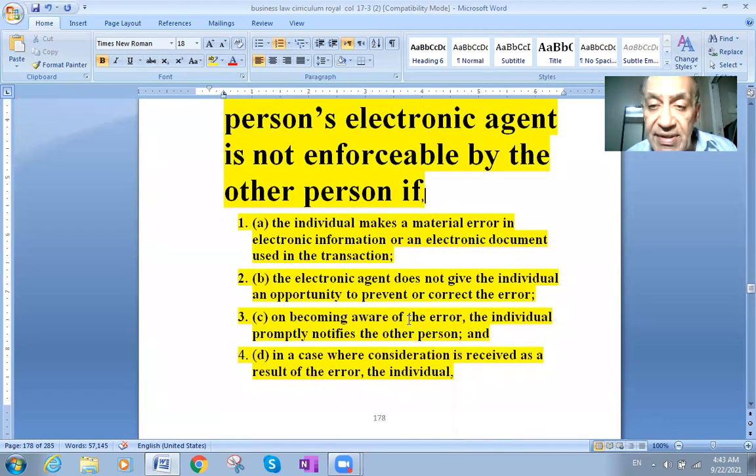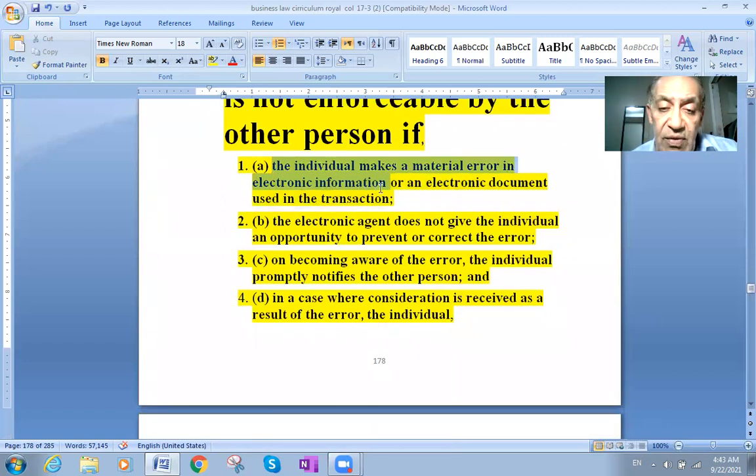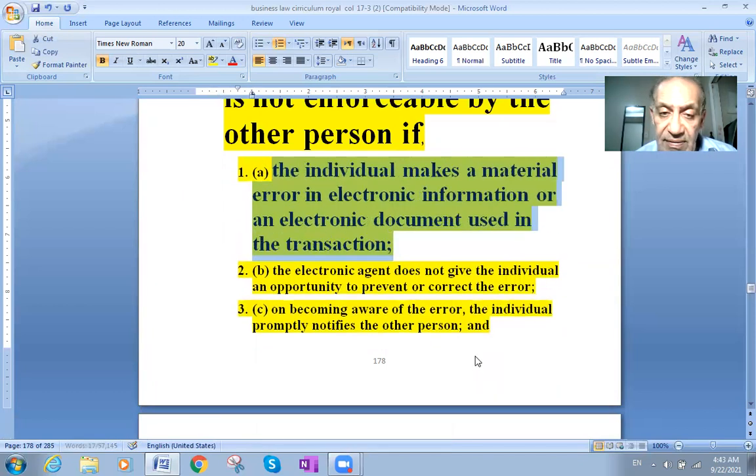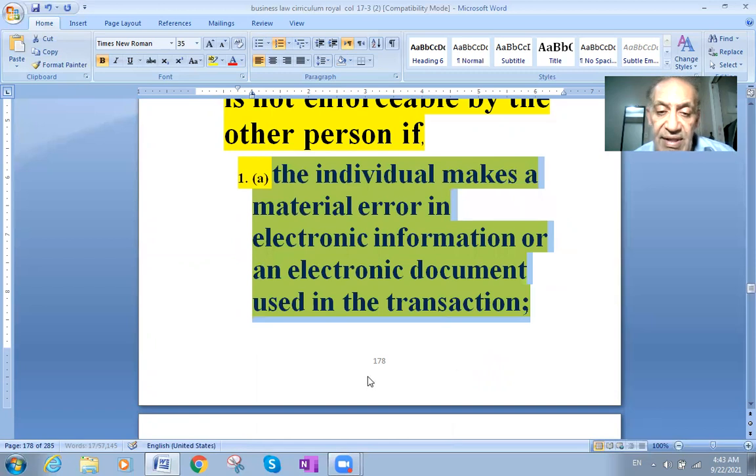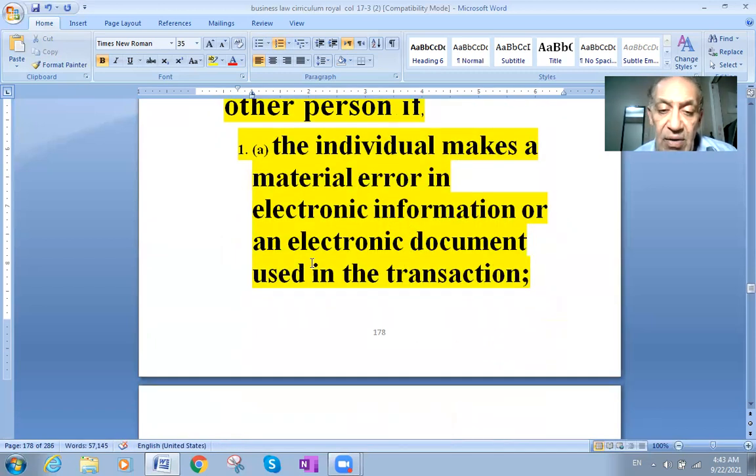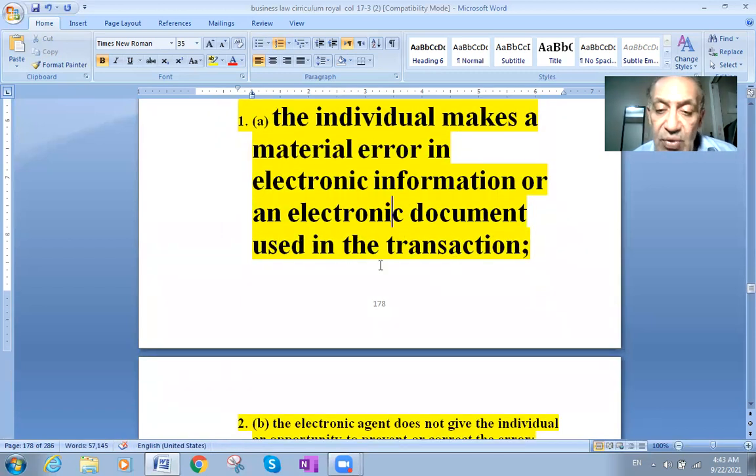The meaning of the sentence is that electronic contracts will be void in the following cases. The first case: if the individual makes a material error in the electronic information or an electronic document used in the transaction.